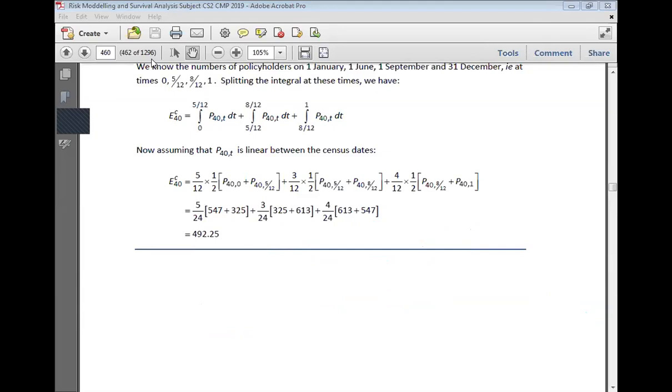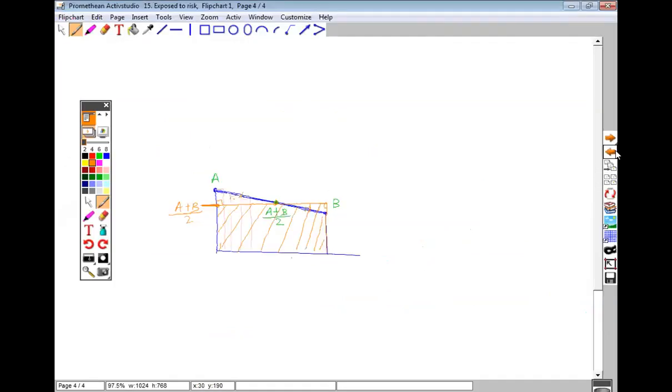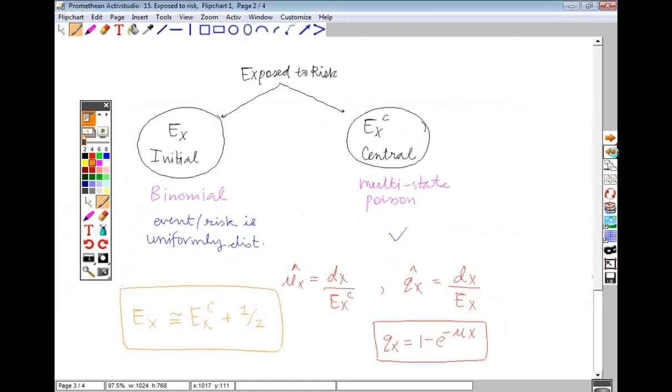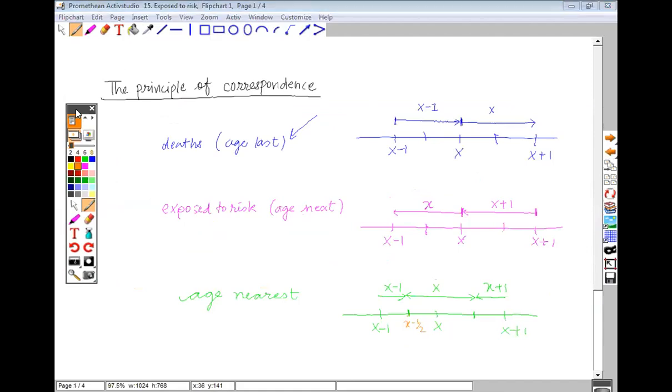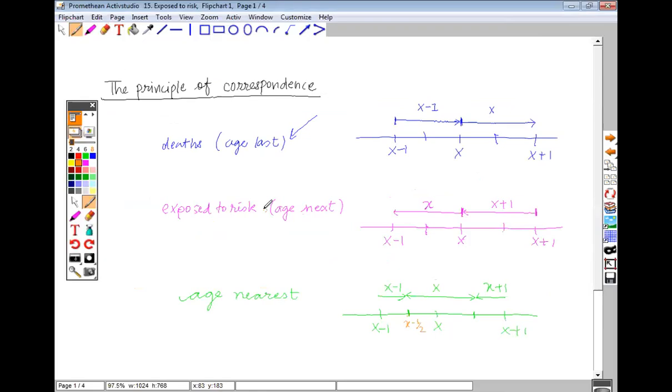Okay, so up until now, what we saw was there was not much difference in the kind of classifications of age that we were looking at. But what can sometimes happen, as I've already discussed before, is that, let's say, the death department, the department which handles the death data, might use some different definition of age than the department which handles the exposure.